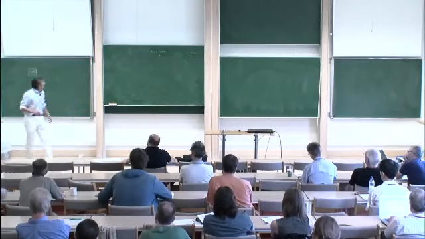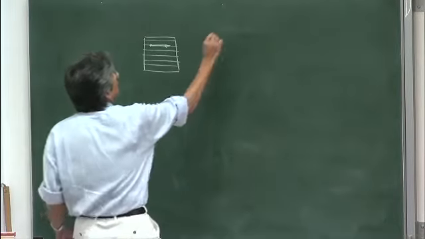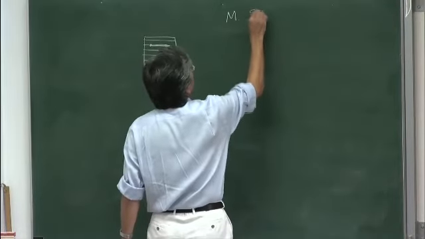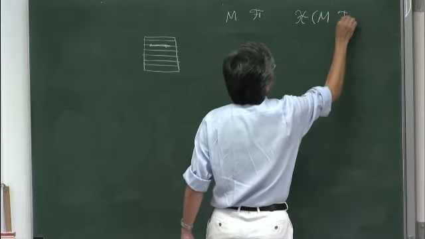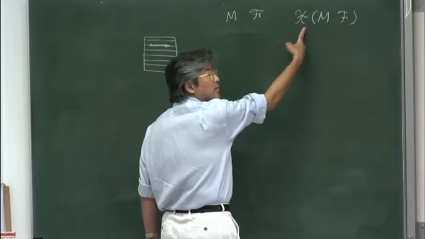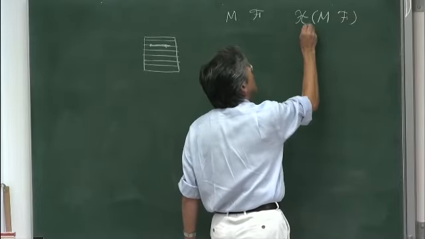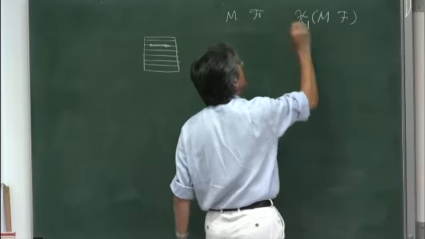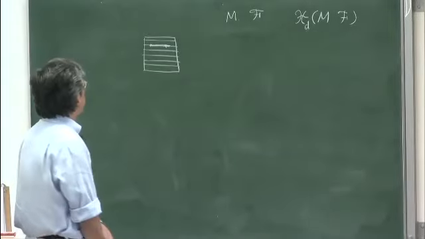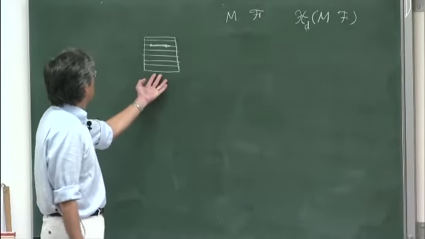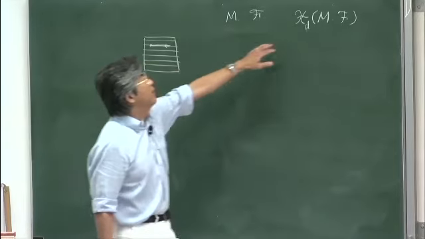So if we have a manifold M and a foliation F, then I will write the space of vector fields which are tangent to the foliation, and if I put subscript D here, that means divergence free. In this case, the two-dimensional torus with a very simple foliation like this, the space is very well understood.